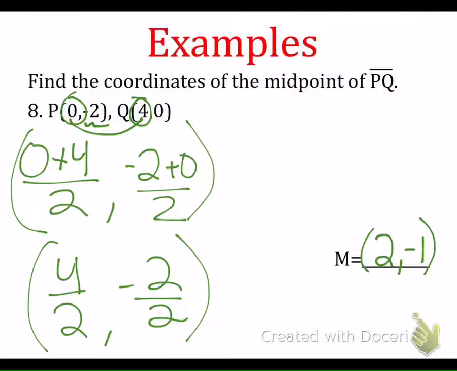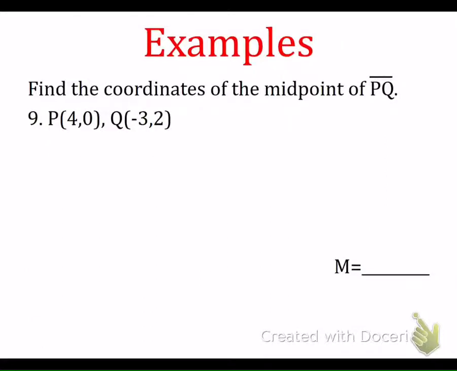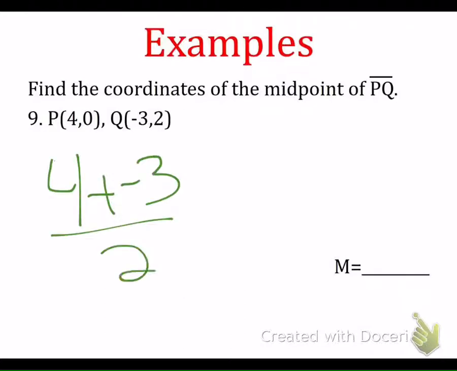We good? You ready for the final example of the day? All right, let's just get it done quick. What am I doing? X's first. Which ones are X's? 4 and negative 3. Divide that by 2.